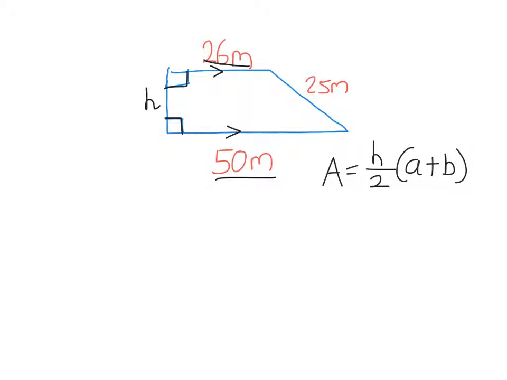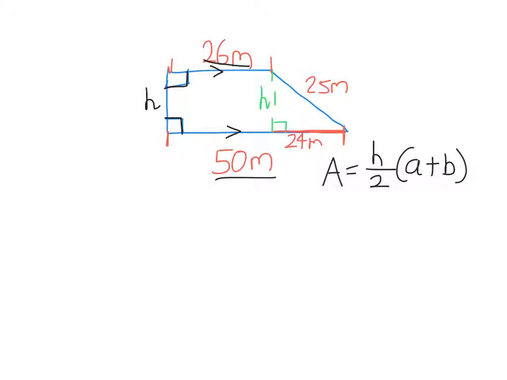I can't find the area until I know the perpendicular height. So obviously it'll be the same as this height here. So the perpendicular height, I can form a right-angled triangle and use Pythagoras. So if it's 50 from here to here and 26 from here to here, this side here must be 24 meters from there to there, because of course 26 plus 24 is 50.